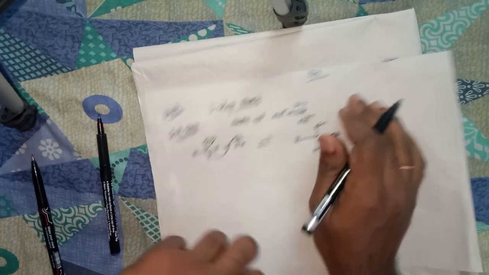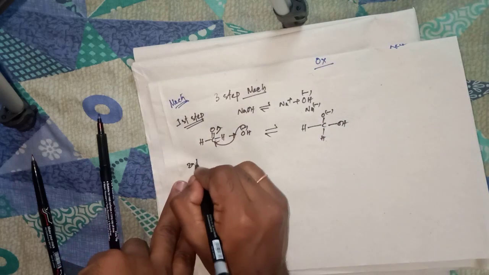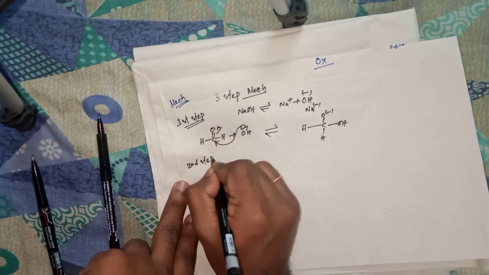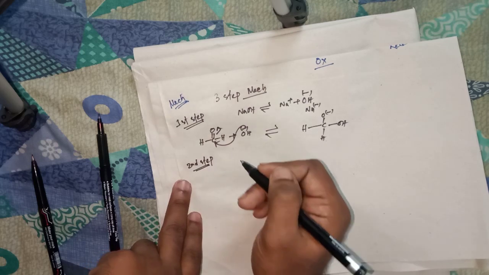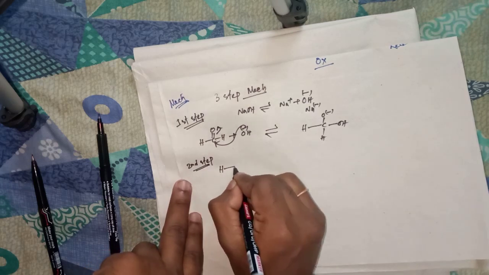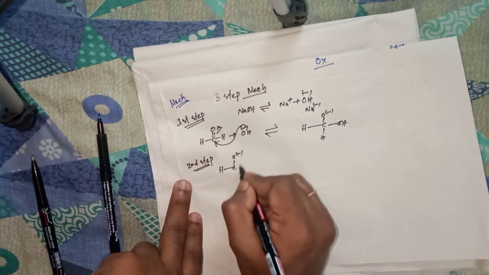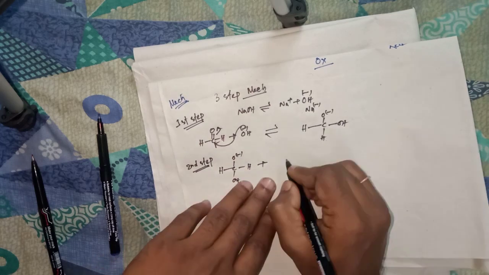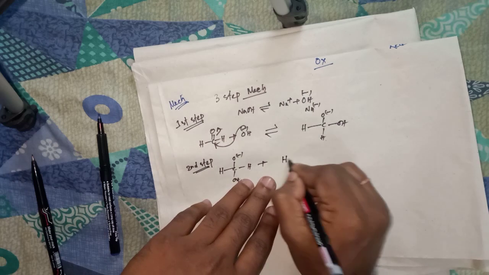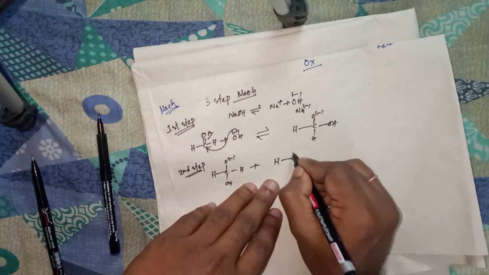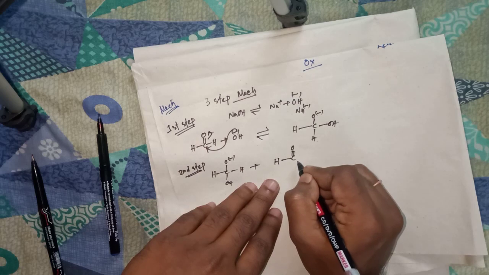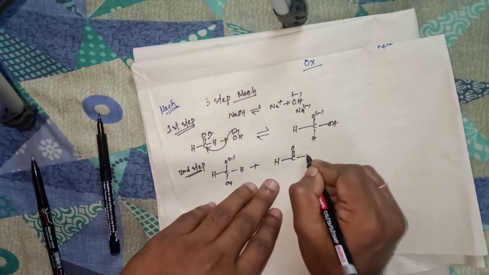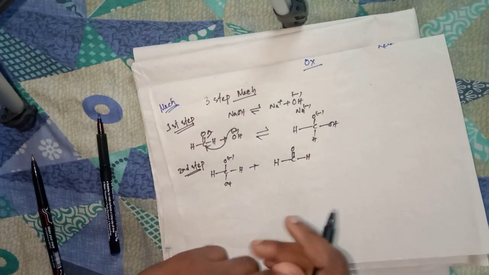In the second step, this anion reacts with another aldehyde which has no alpha hydrogen.